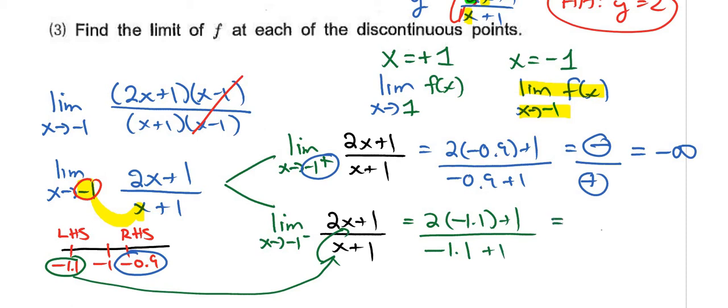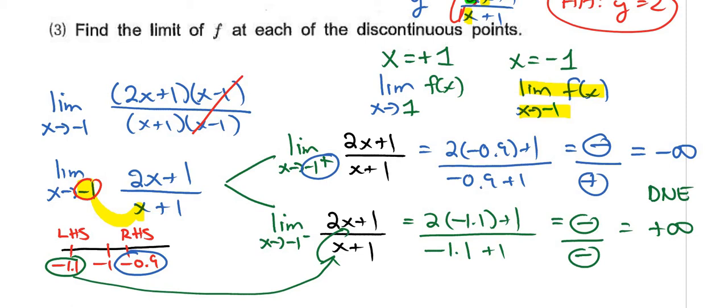And if I do that calculation, I get negative on the top, negative on the bottom, and I get positive infinity as the final result. So that limit does not exist. Okay, so the limit as x approaches negative 1 does not exist.